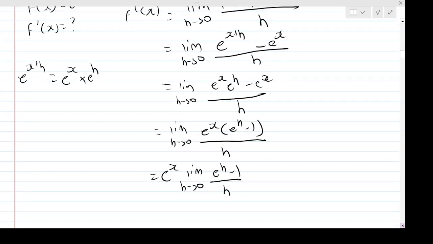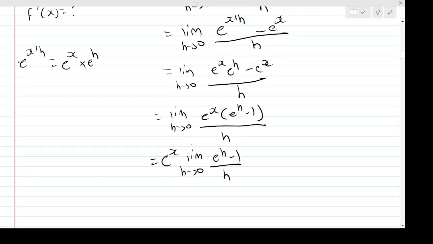So what we've got here is e to the x multiplied by this whole limit here. How do I work that out? Well, that will require more advanced maths that you don't see, at least with the normal A-level course. But I'm still going to convince you what this limit is.